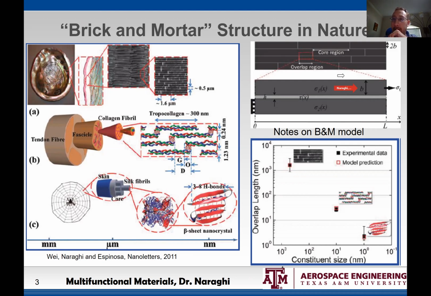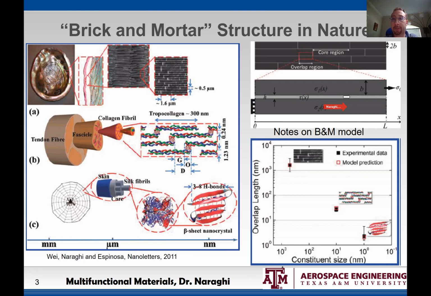So if I apply a sigma 0 to one tablet, or brick, it goes through this mortar to the other tablet or brick. So basically, the bricks are axially carrying the load, or are carrying the load axially primarily.